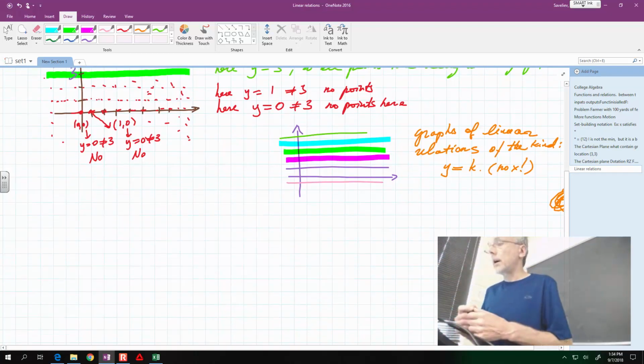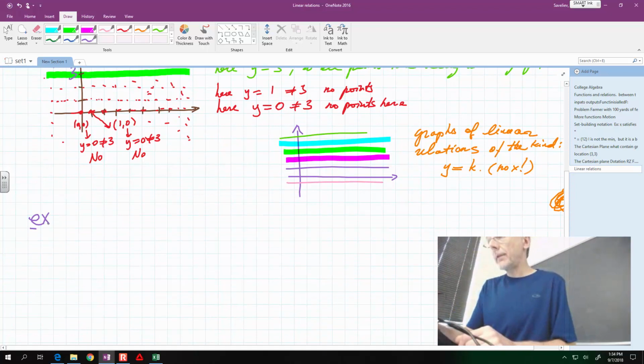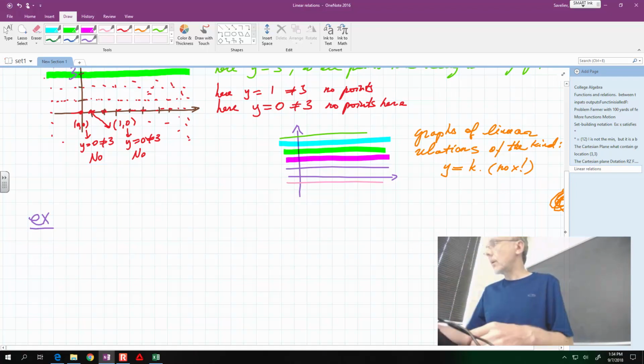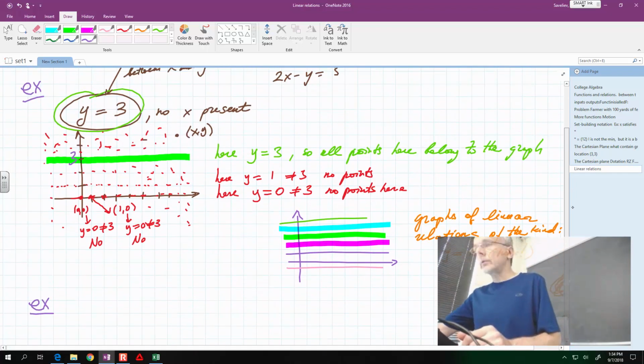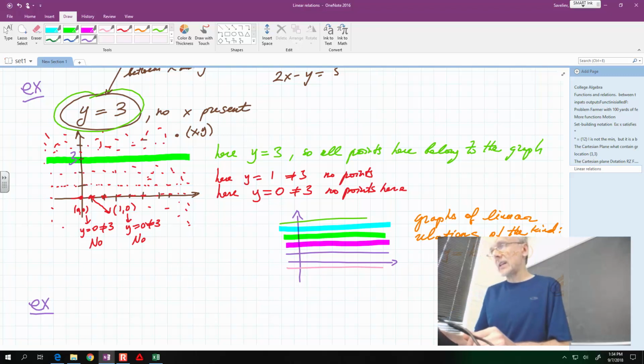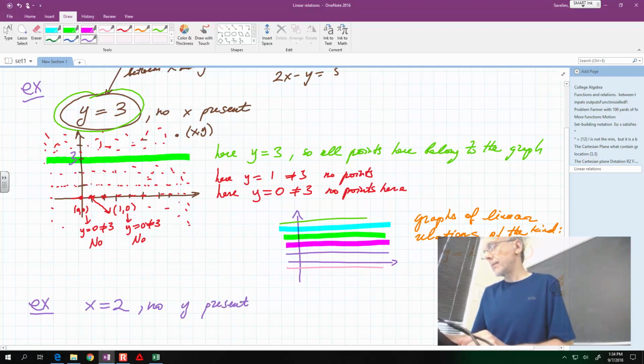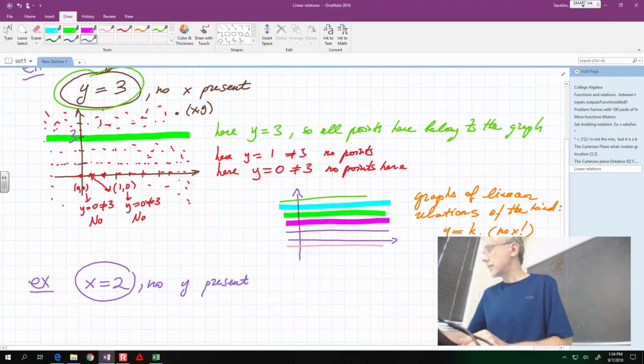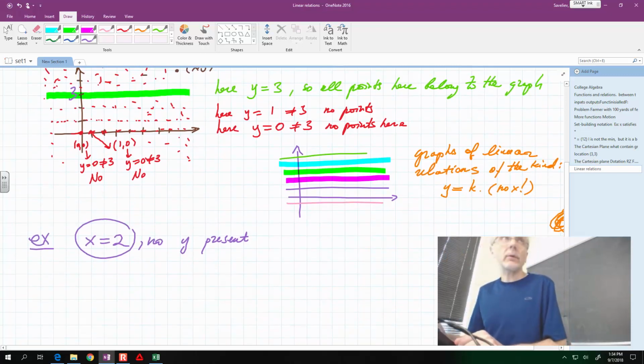Okay. So at the other extreme, we only pose a restriction on x. X is equal to 2. No y present. Can you guess what the graph looks like?